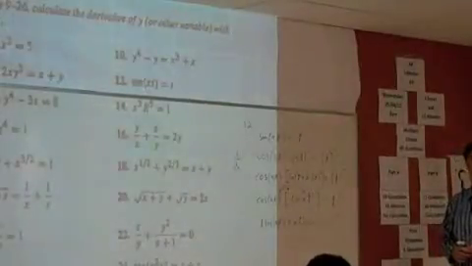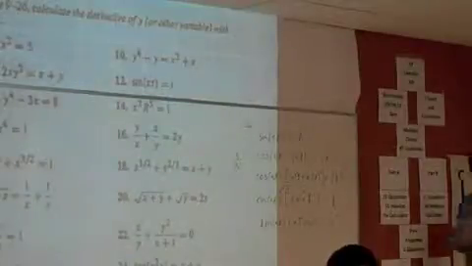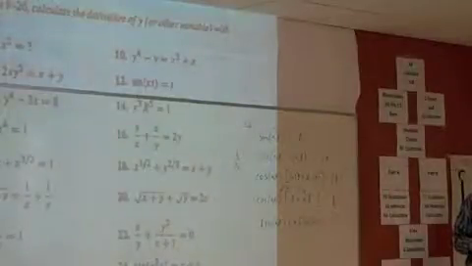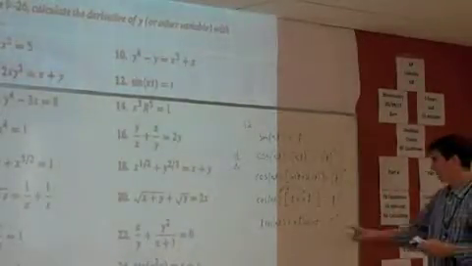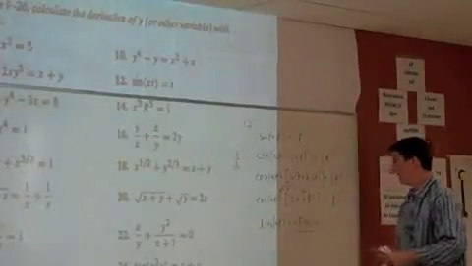Bring t prime to one side. Get all your t primes on one side, anything without a t prime to the other side, factor out and divide. Does that make sense, you guys? So I want to keep this here. Here's a t prime thing. Here's a t prime thing.